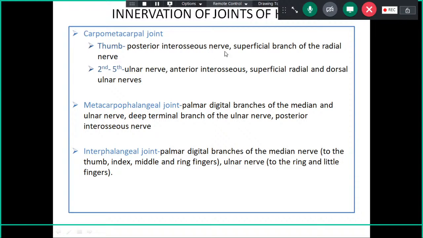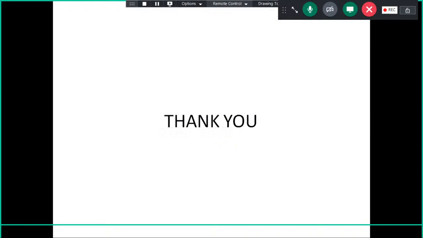The posterior interosseous nerve and the superficial branch of the radial nerve, and for the second to fifth joints we have the ulnar nerve, the anterior interosseous nerve, the superficial radial and dorsal ulnar nerves. You can read all that. The metacarpophalangeal joint is supplied by branches of the median and ulnar nerves, the deep terminal branch of the ulnar nerve, and the posterior interosseous nerve. Similarly, the interphalangeal joints are supplied by the palmar digital branches of the respective nerves.